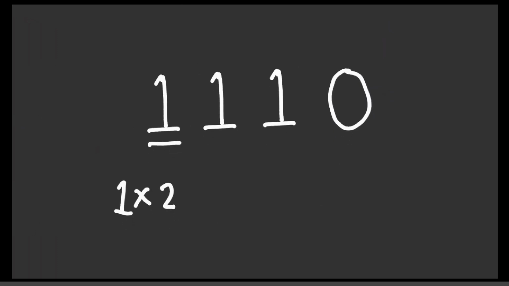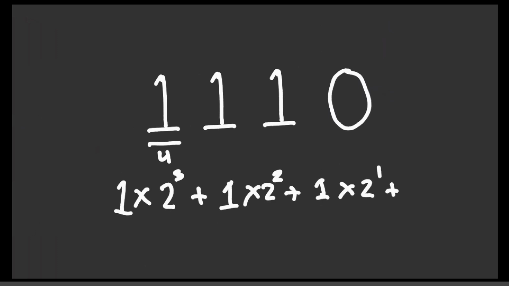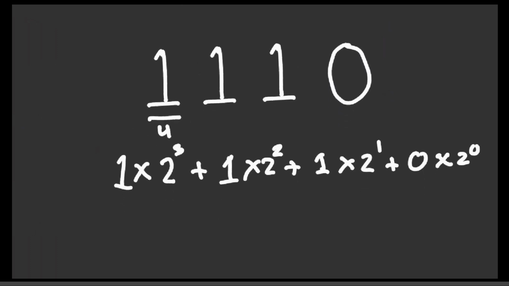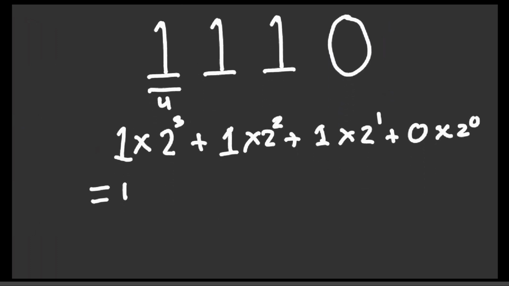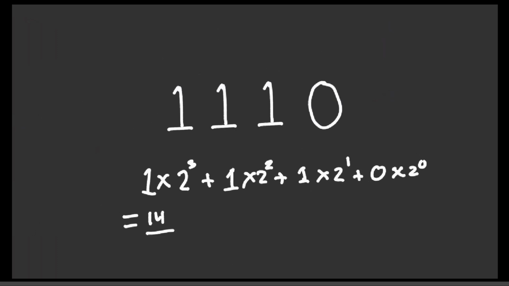So this is 0, 1, 2, 3. This is the third place, so you do 3 minus 1. Then it's the fourth place, so 4 minus 1 is 3, and the same for the rest. And you would get 14. So you can represent 14 in binary as this number.